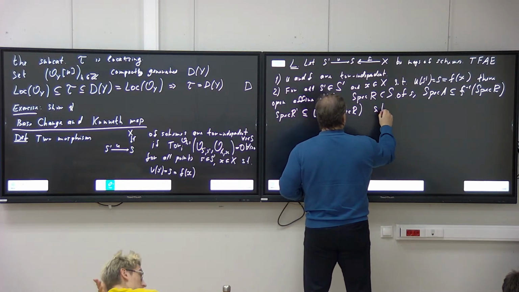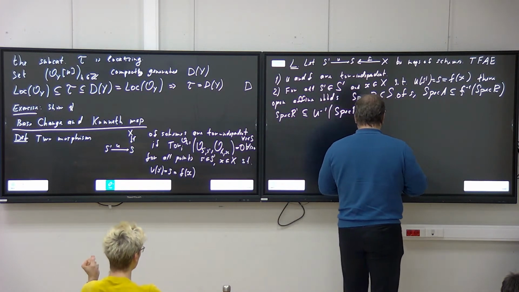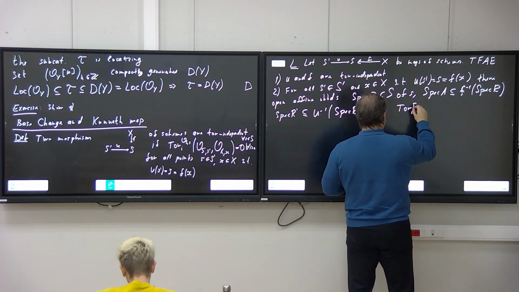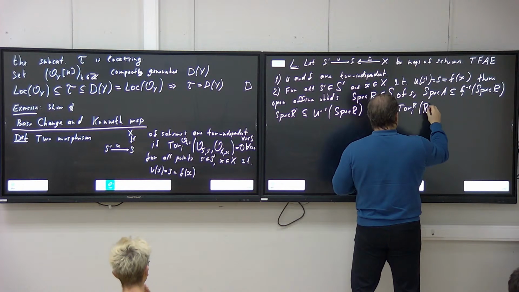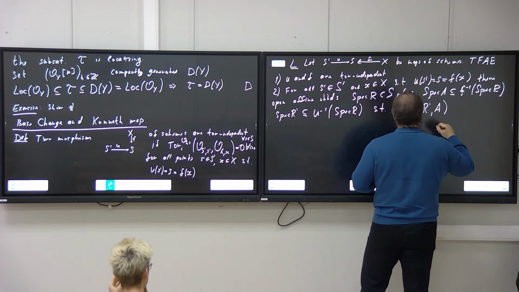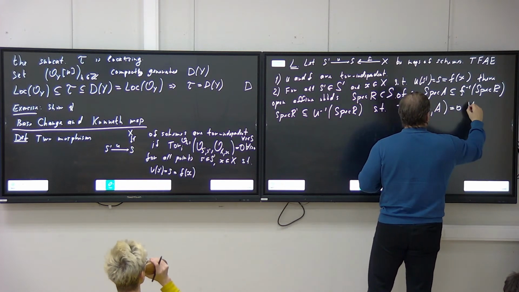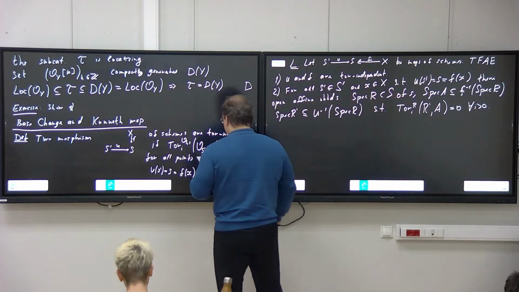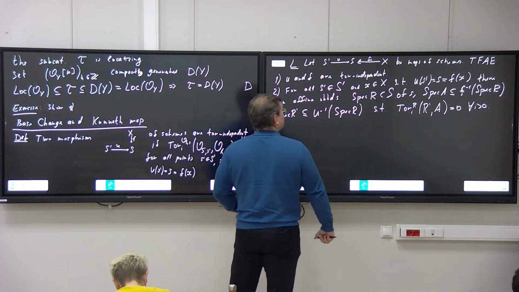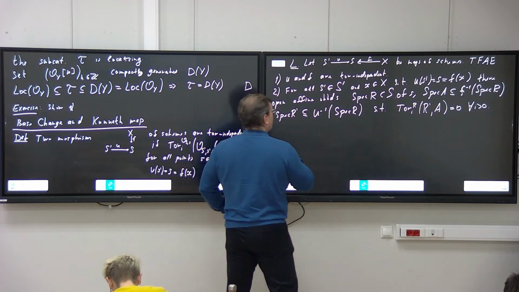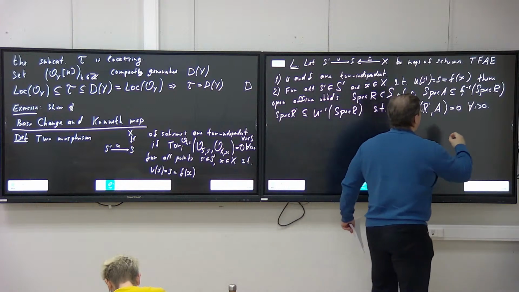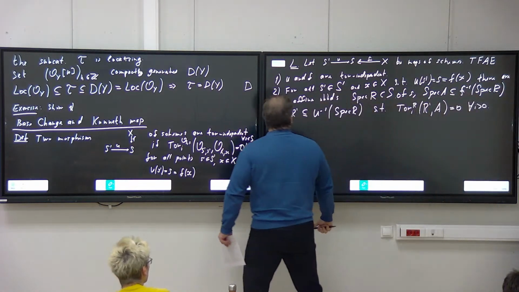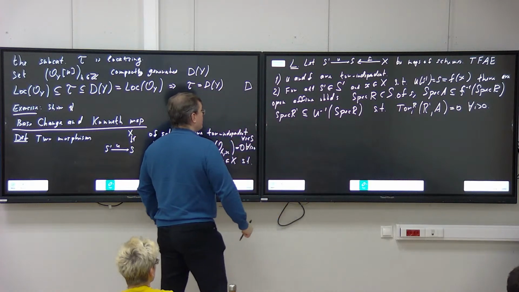Such that if you choose these affine open neighborhoods, then the same condition for the Tor is satisfied: Tor i between R prime and A is equal to 0 for any i positive. So for any three points like this, there are open affine neighborhoods with these properties.